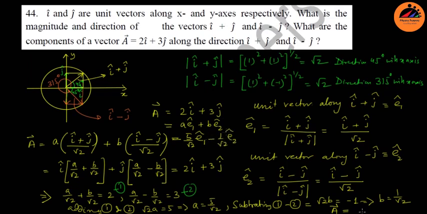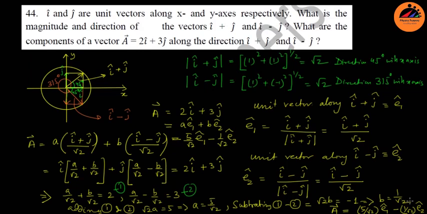Okay, and writing it here as well: 5 by root 2 times e1 cap minus 1 by root 2 times e2 cap. So keep this in mind. This is a very important thing.